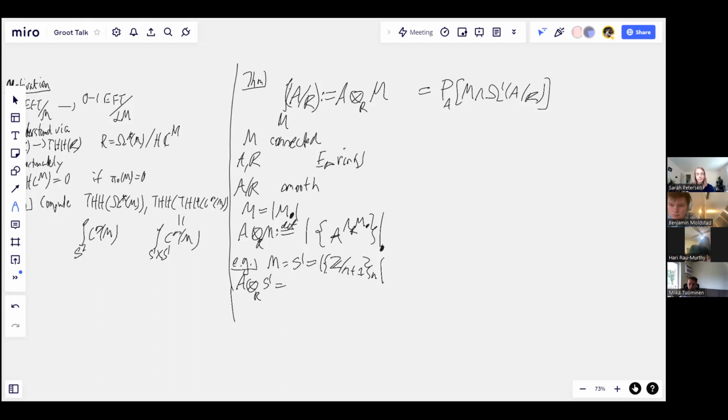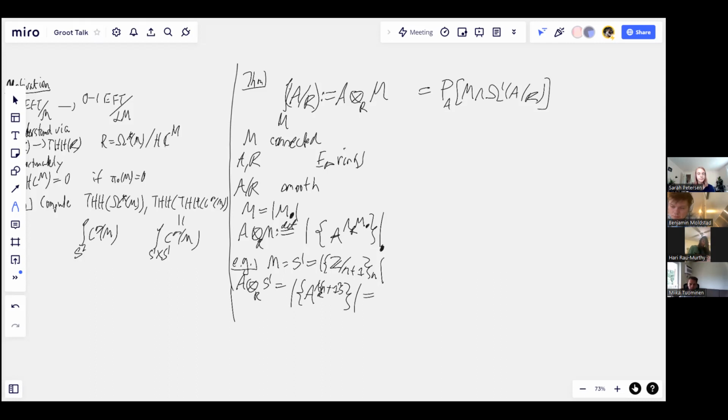By our definition, A tensor S1 should be the geometric realization of A smashed to the power of n plus 1 over R. This is often known as the cyclic bar construction.